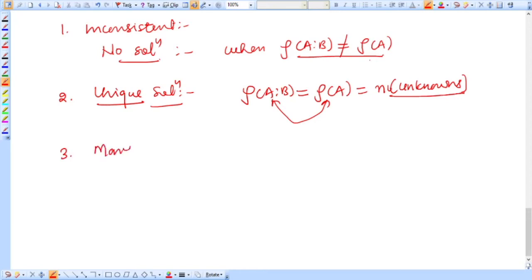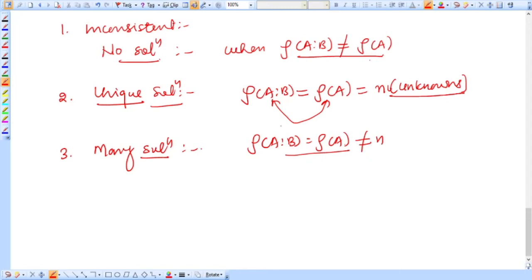And the last type of solution is many solutions. It is possible when the rank of the augmented matrix AB is equal to the rank of A, but it is not equal to n. In fact, it is lesser than n.